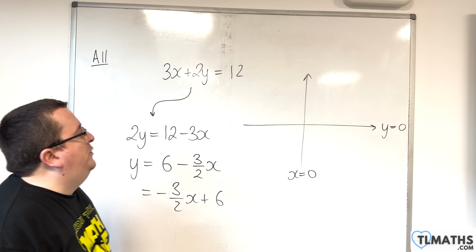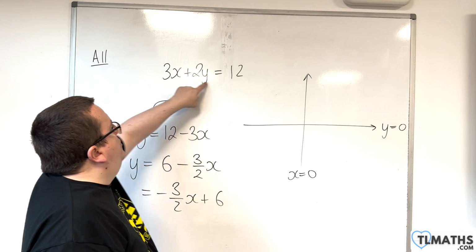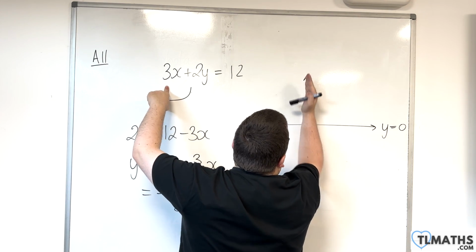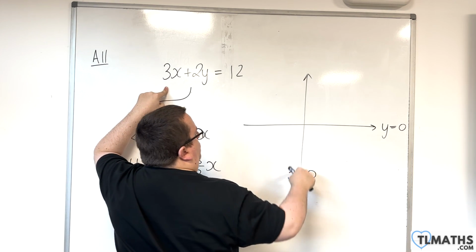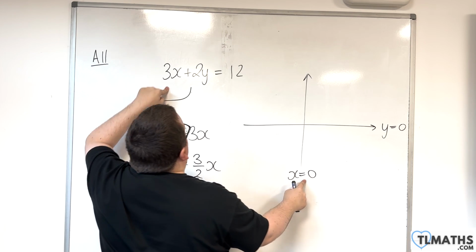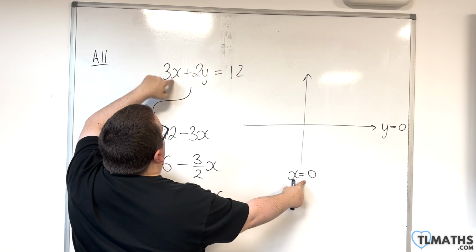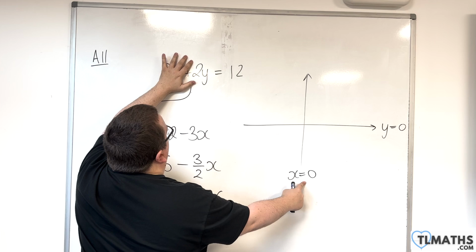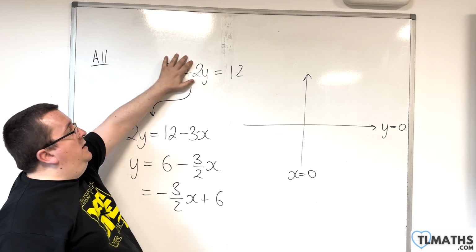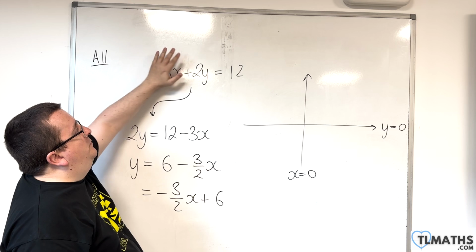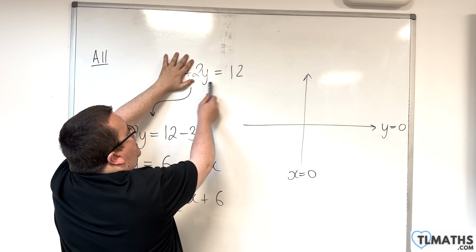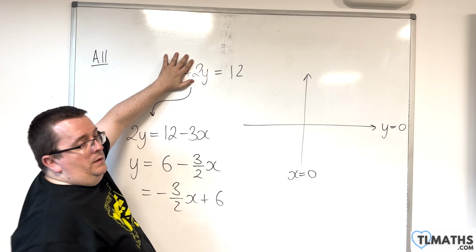So if you wanted to work out where this line crosses this line, well, that is when x is 0. So if you made x to be 0, it is essentially like covering up that term, because you'd have 3 times 0, which is 0, and then you would have 2y equals 12.